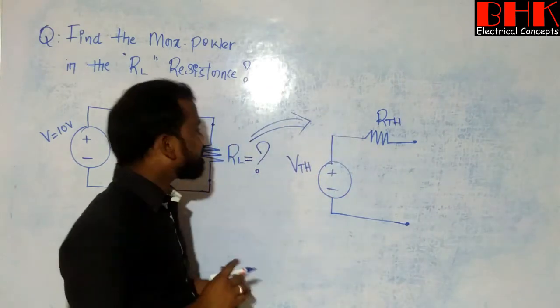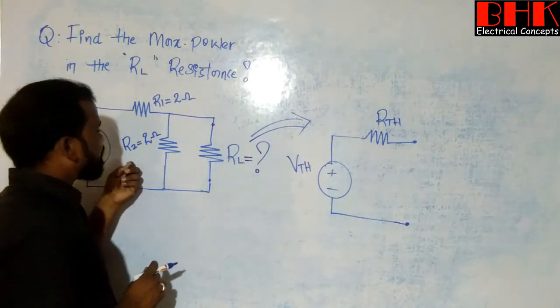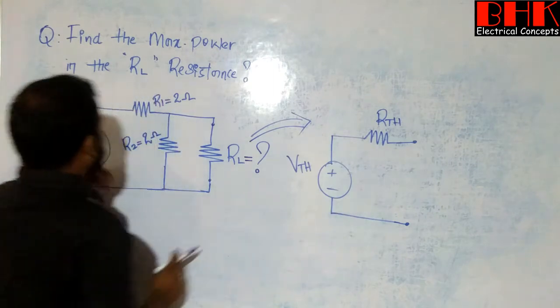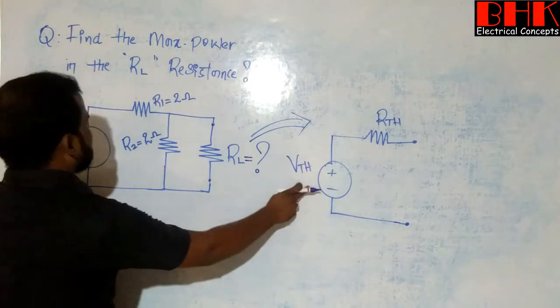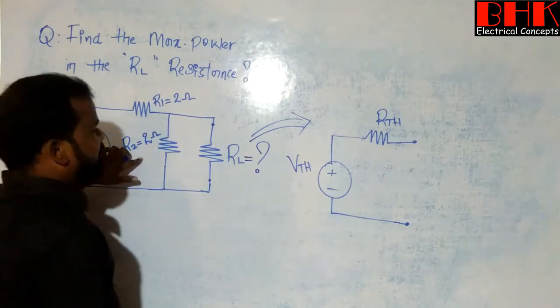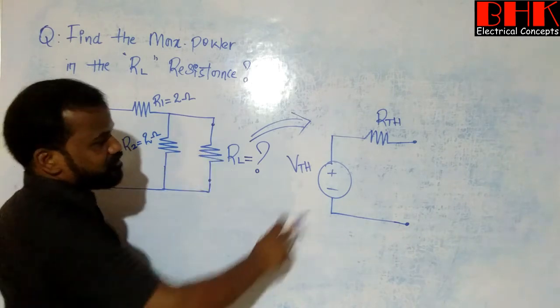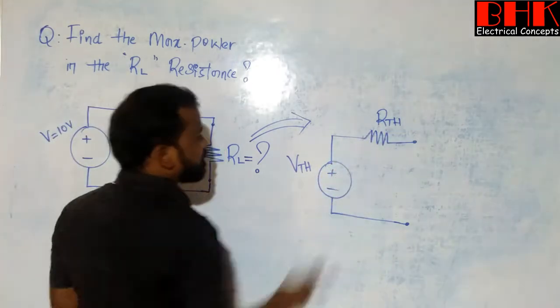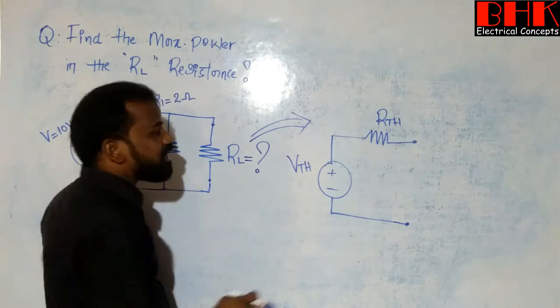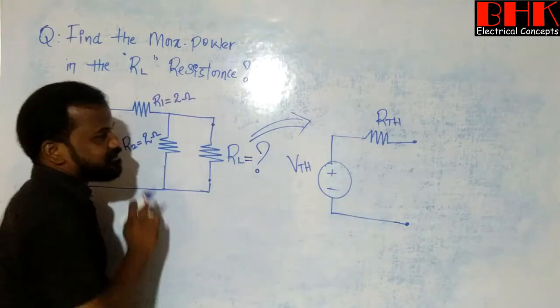Just compare these two circuits. In the given circuit, voltage, R1 and R2 are connected along with load resistance RL. In the Thevenin circuit we have only Thevenin resistance and Thevenin voltage, but we do not have the load resistance and the extra resistances.